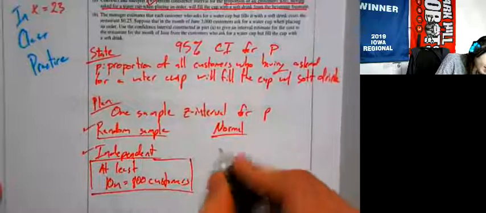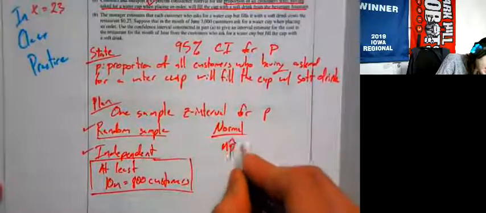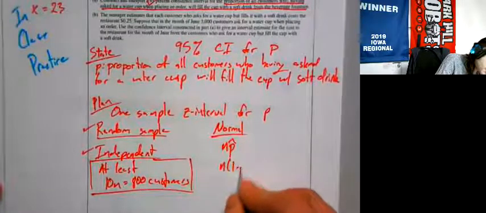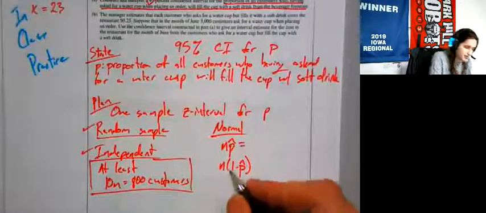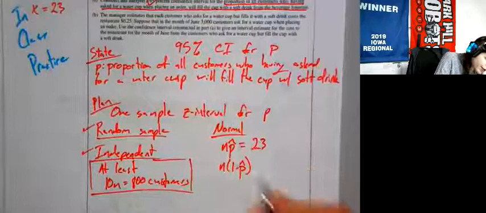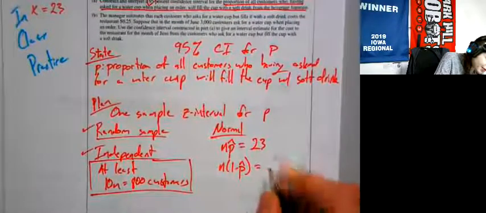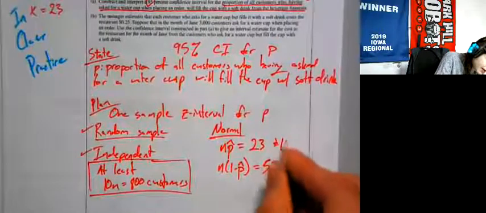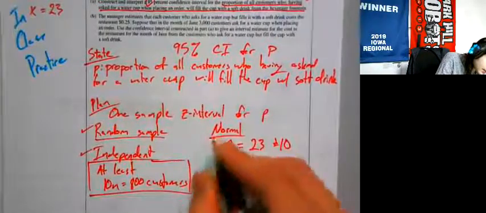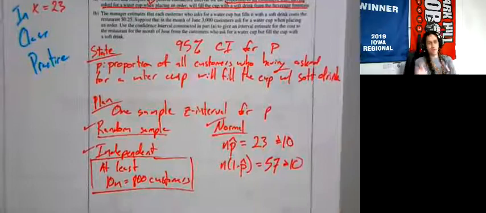How do we establish normality here? We need np-hat and n(1 minus p-hat) to be at least 10. Well, np-hat is the number of successes we observed, that's 23. n(1 minus p-hat), that's the people that didn't steal, that's 57. Those are both at least 10. So our 3 conditions are met.